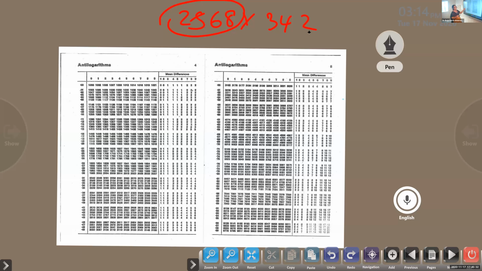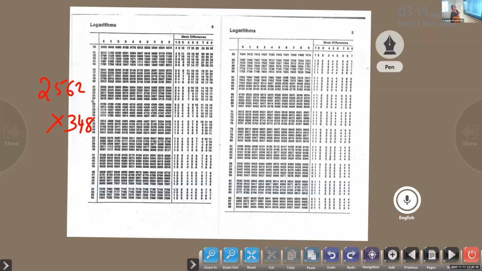You have 25 here. Now, after that, you go to the next digit. It was 6. So in 25, go under the 6.